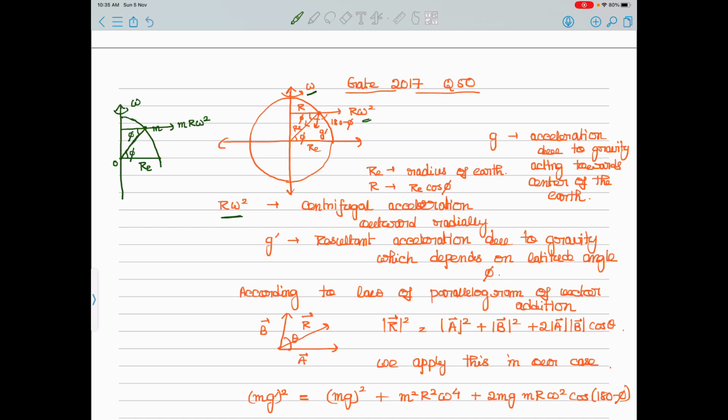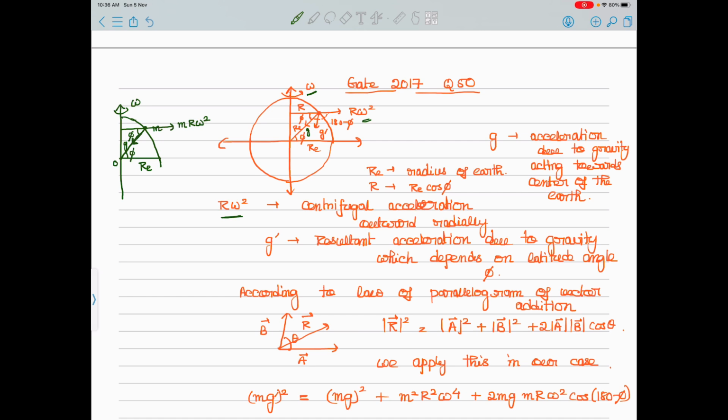Now we know that if mass m is on the surface of the Earth, it will get a center directing gravitational acceleration g, in this direction towards the center of the Earth. So on this mass there are two forces acting: one is the gravitational force towards the center of the Earth, and another is the centrifugal force radially outward.